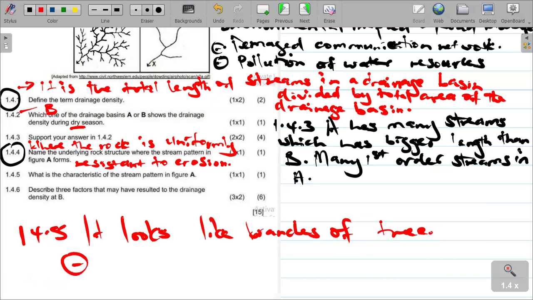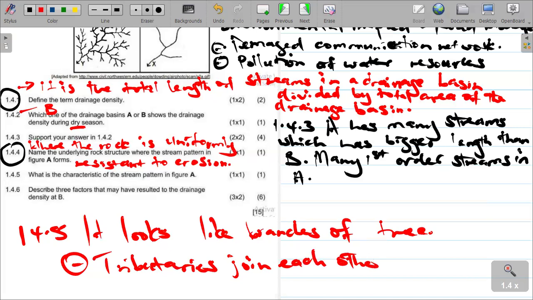We also say that tributaries join each other and the mainstream at acute angles, which means they are joining at very small angles.